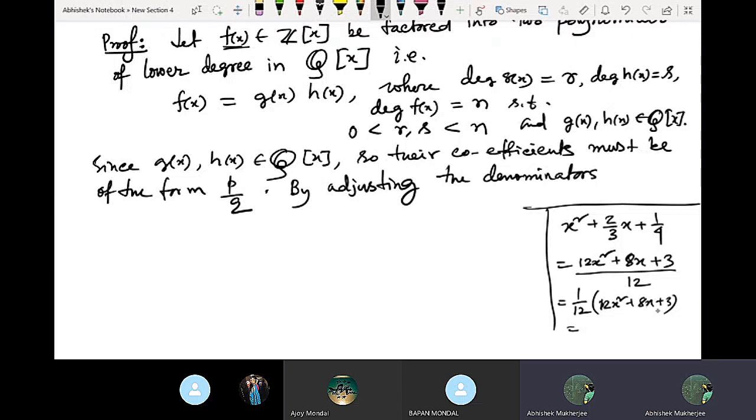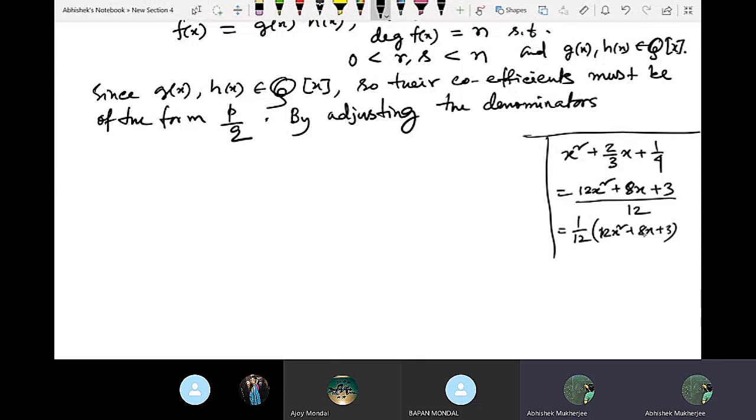So this is what we shall do. That is, we are adjusting the denominators.